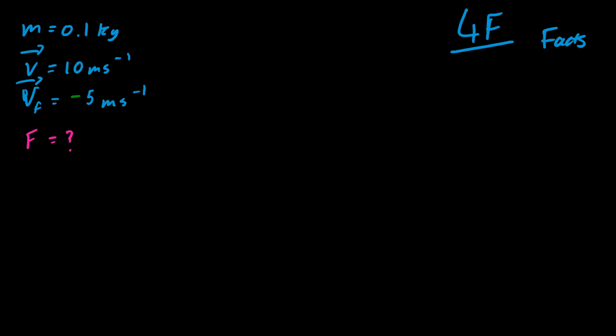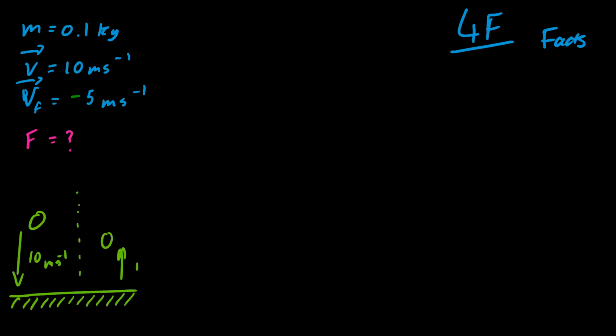Okay, I like to draw a diagram if I can get away with it. So let's do a quick ground example here. Just like before, ball moving down 10 meters a second. And then you can imagine the after effect: ball moving upwards 5 meters a second.